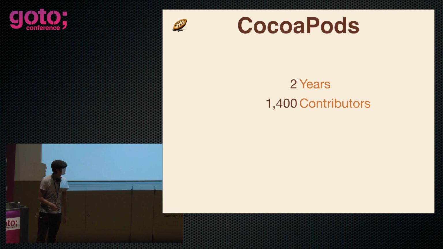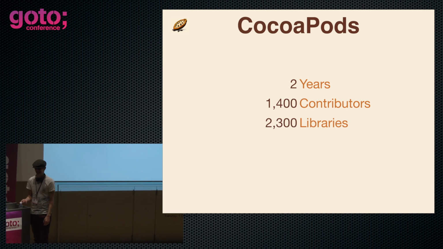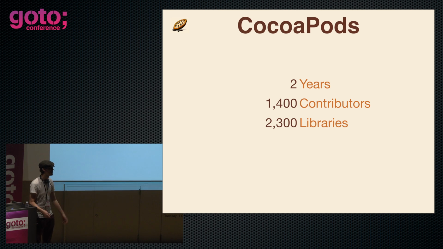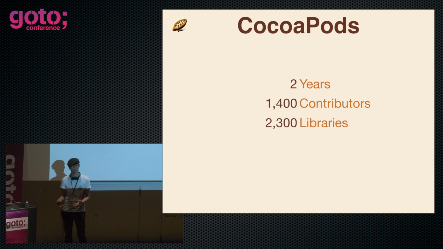We've got 2,300 libraries. In comparing with some of the other examples, it turns out that's quite a small amount. But I think it's because we have a very small community.